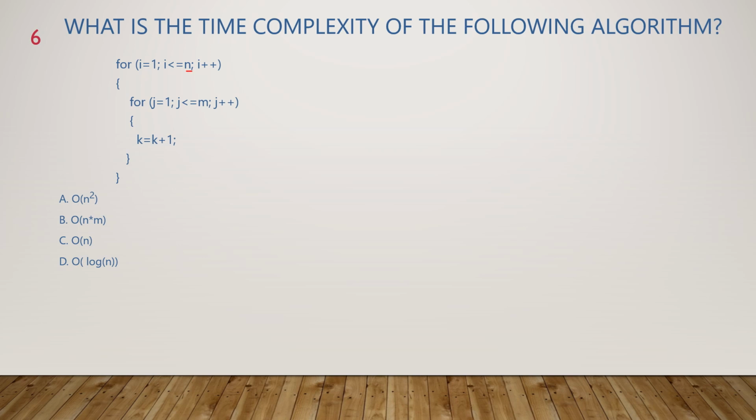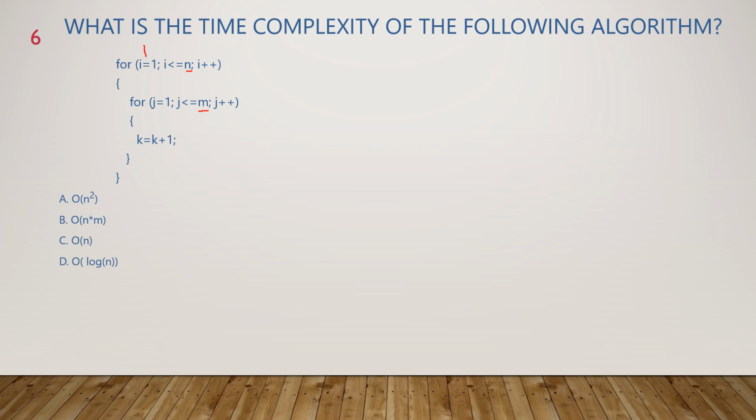Like the previous equation, the inner one and the outer one are also independent. One cannot depend on the other.